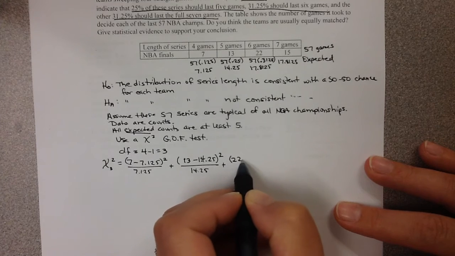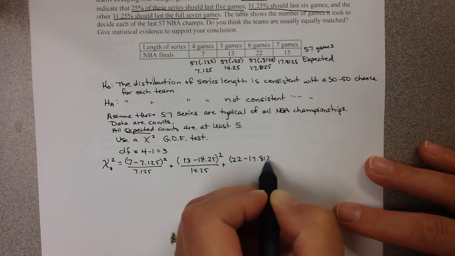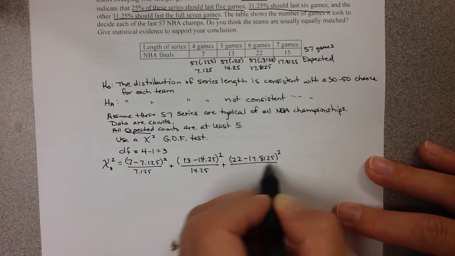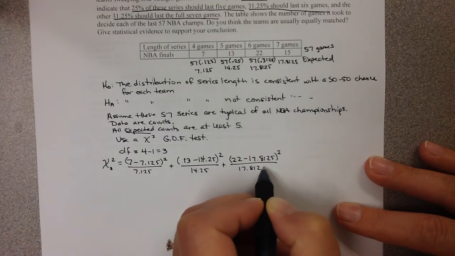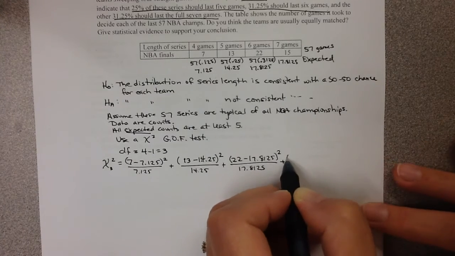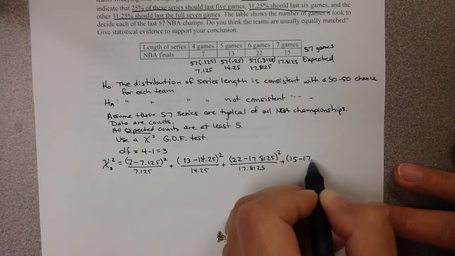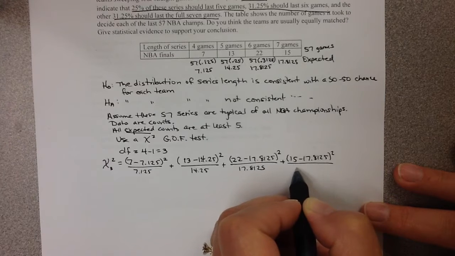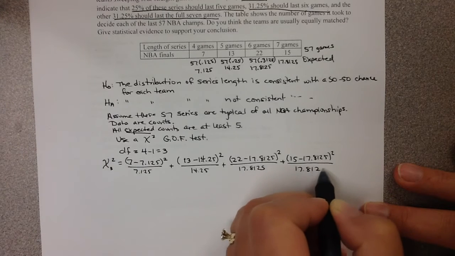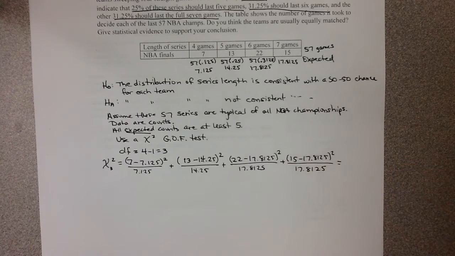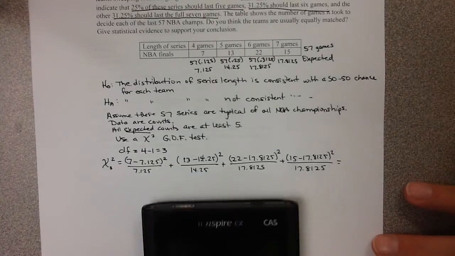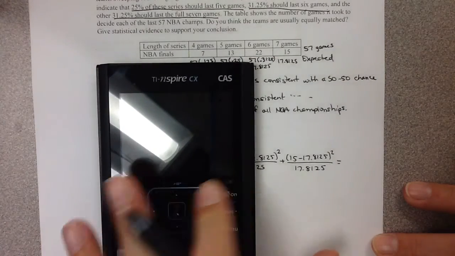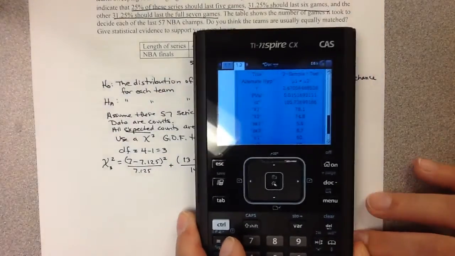Then 22 games minus the expected 17.8125 squared over 17.8125 plus 15 minus 17.8125 squared over 17.8125. And I want to finish those mechanics by running a test on my calculator.